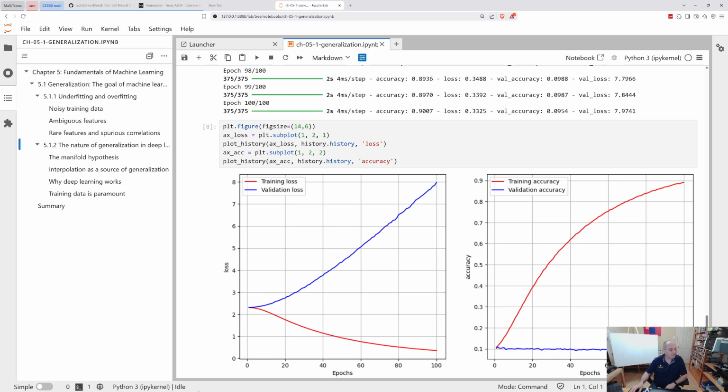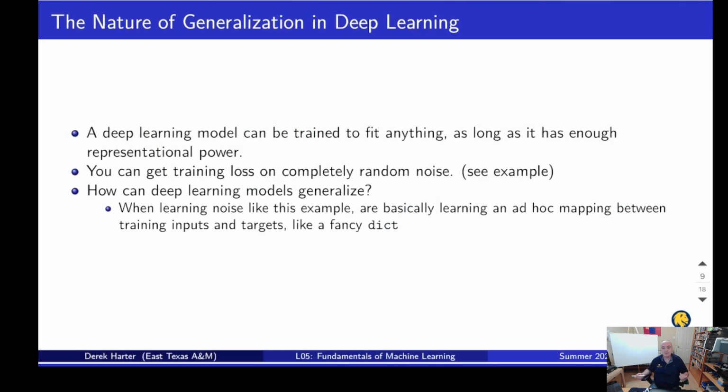So effectively, in this instance here, what's happening is the model has enough representational power that it's just doing rote memorization. So it's kind of like a fancy dictionary. It just completely learns the mappings between the inputs it's trained with and the outputs. But there's no information at all that it can use to generalize to stuff that it hasn't seen, right?